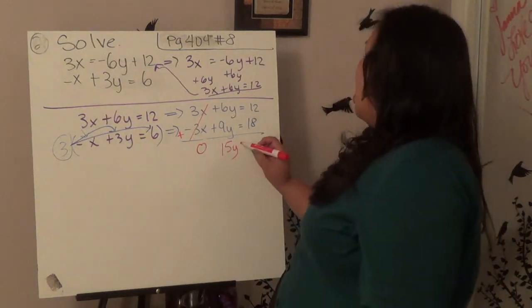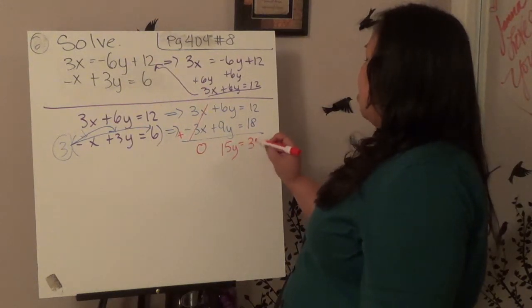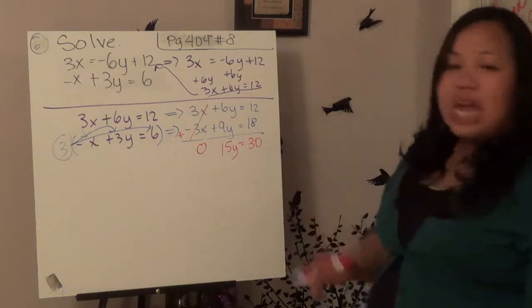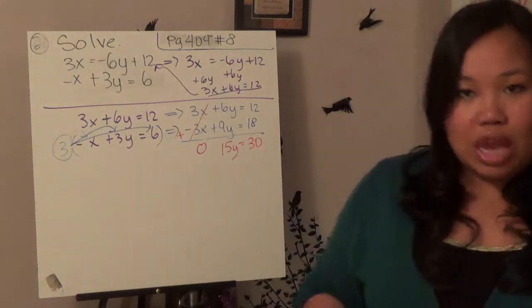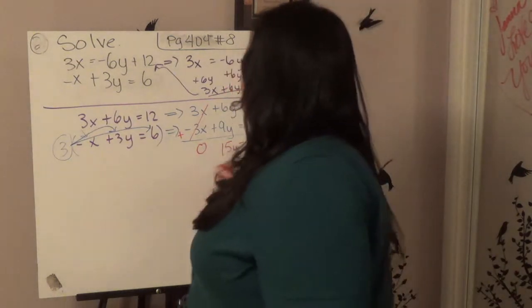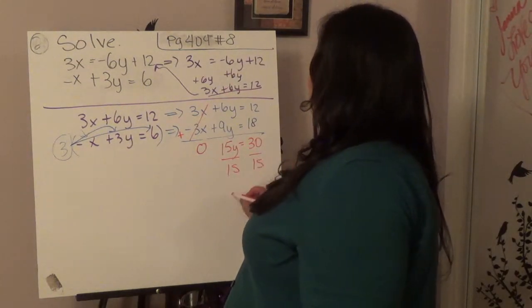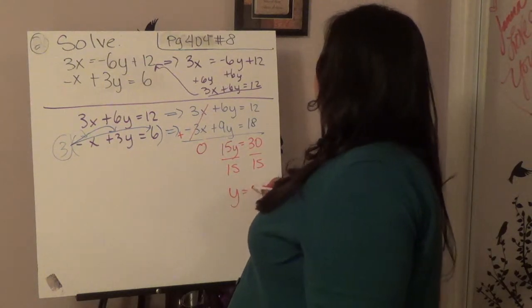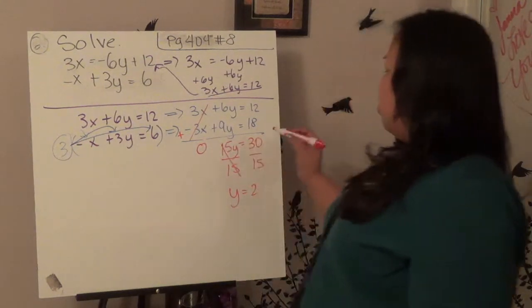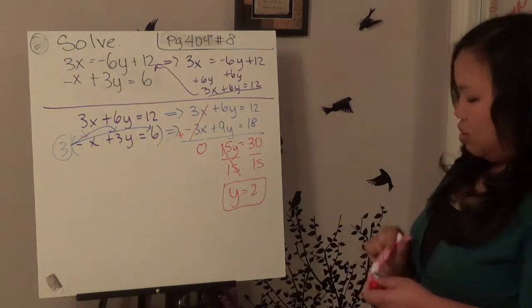And then 12 plus 18, which gives me 30. Well, now I have how many variables left? I only have one, which is y. So then I can solve. 15y equals 30, divide both sides by 15, and I end up with y equals 2. So I have one answer.